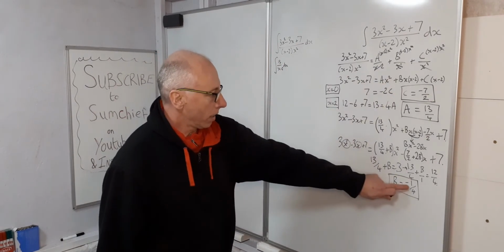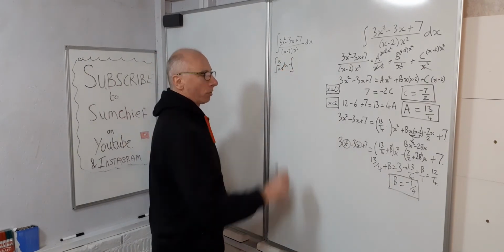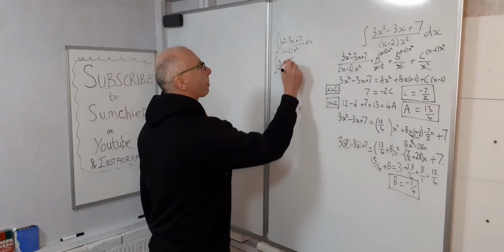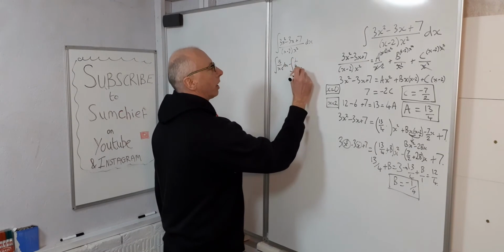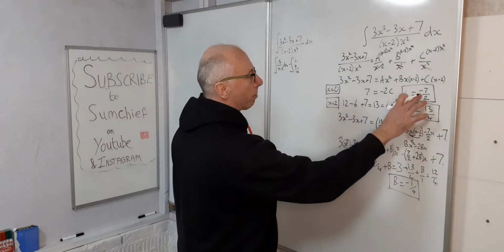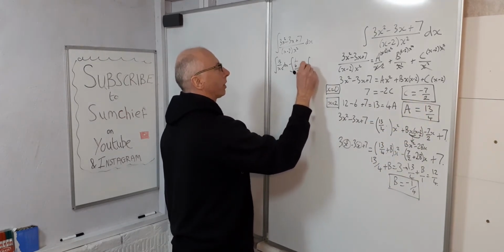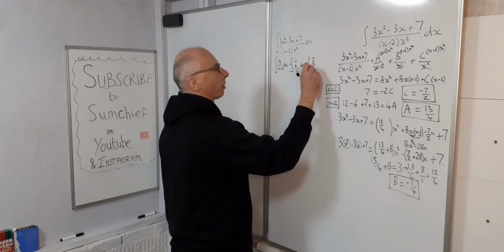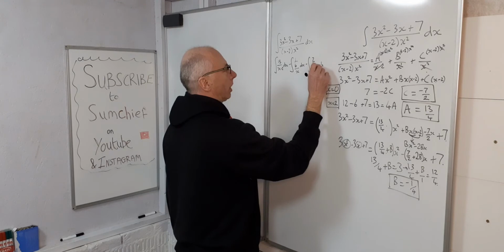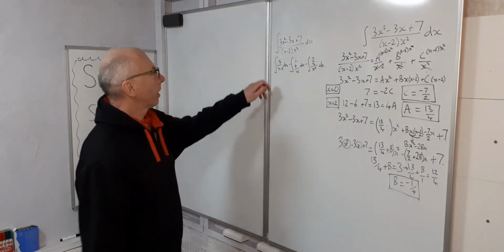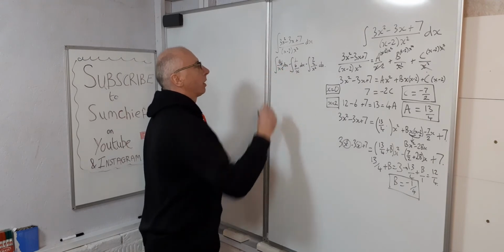B is negative, so I'm going to write a negative here. Integral 1 over 4 over x. And then c is minus 7 over 2. Don't forget the dx. Minus integral 7 over 2 x squared dx. Okay, so oops, let's not forget the 4 here.